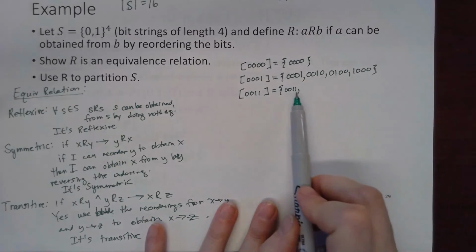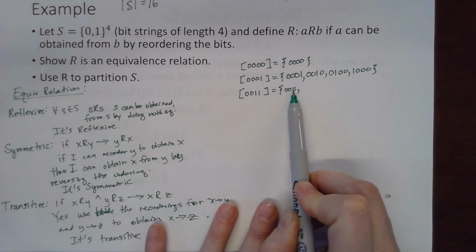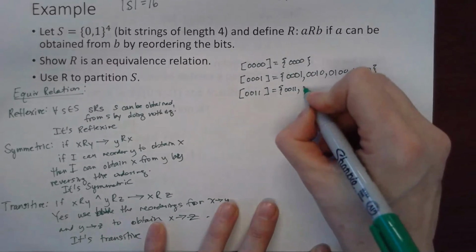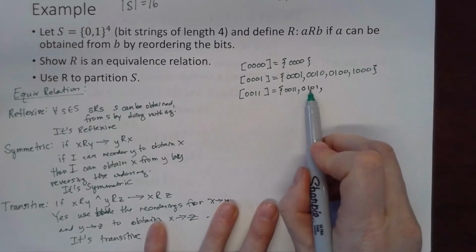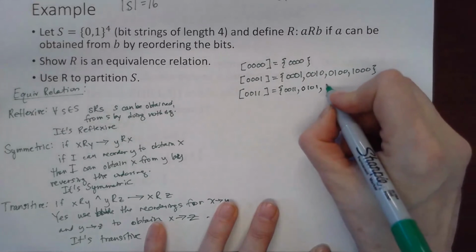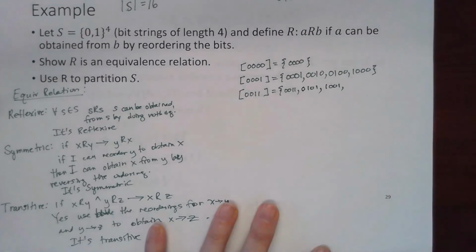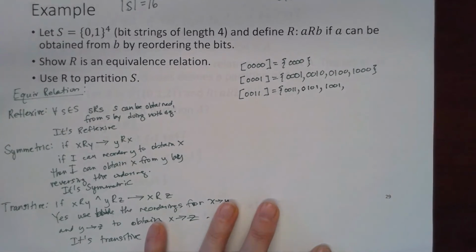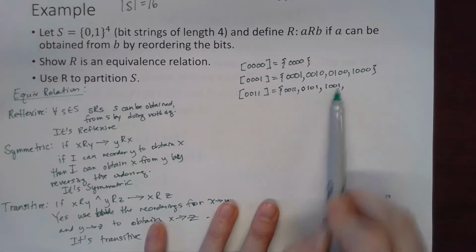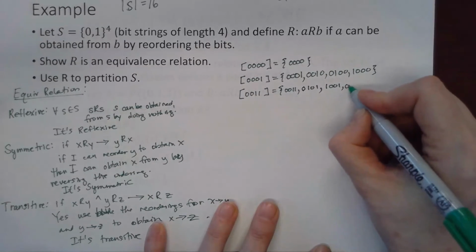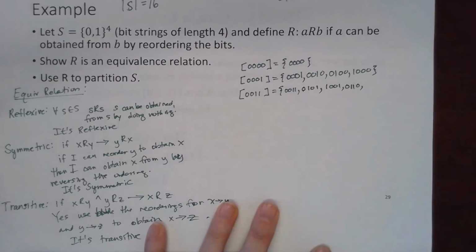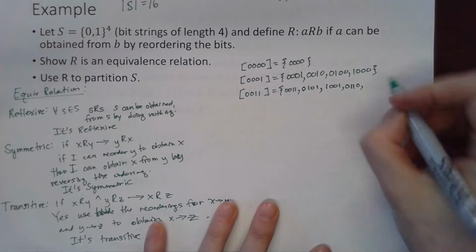For me, I might say, let me take this one and move it into that spot. And then let me take it and move it into that spot. So that exhausts all the ones where I have a 1 in that first spot. Now let me take this pair and move them into the middle. And then I could move that one to the front.